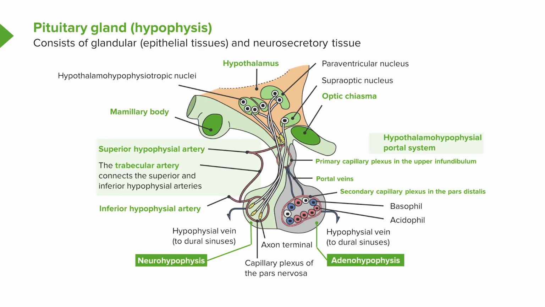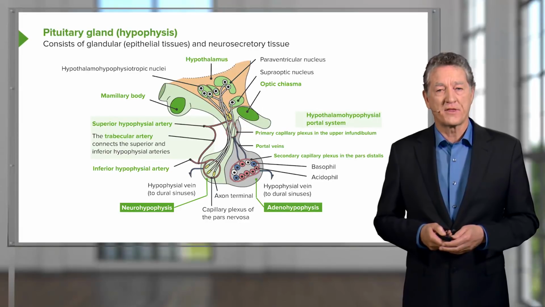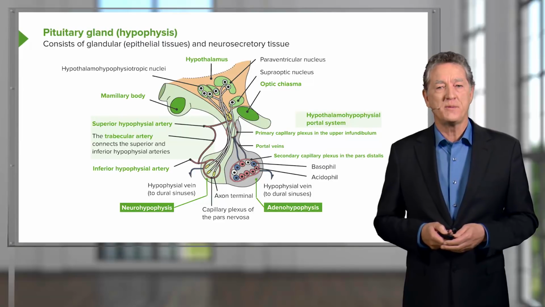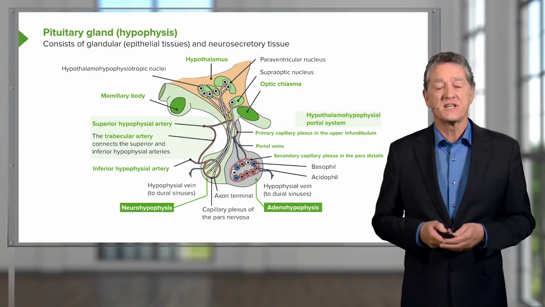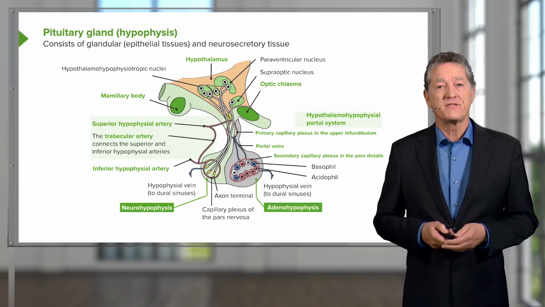The posterior pituitary, as I said before, does not receive these portal vessels, and therefore the secretion products coming from the neurosecretory cells in the posterior pituitary are unaffected by these releasing factors. This hypothalamic hypophyseal portal system is an extremely important concept to understand, and it's an extremely important piece of histology and microanatomy influencing the function of the anterior pituitary gland.